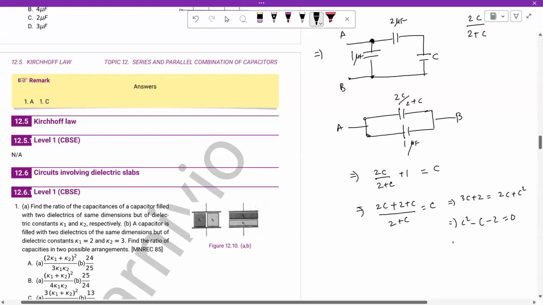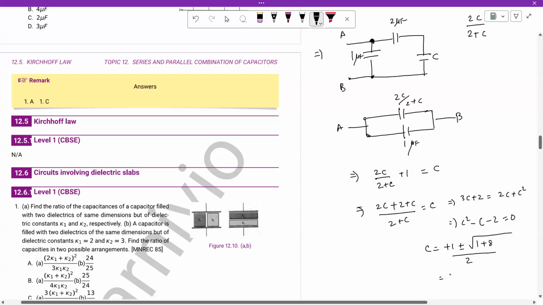If we solve this, what would be C? C would be minus B, which is 1, so 1 plus or minus root of B square, which is 1, minus 4AC, so 4 times 2 is 8, divided by 2A.